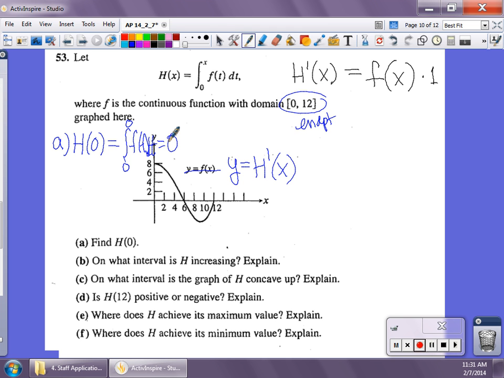All right, next question. On what interval is h increasing? Well, what's the definition of h increasing? The derivative is greater than 0, positive, perfect. So I just need the derivative sign chart from 0 to, I think, 12. I have h prime, but I want the h prime sign chart.